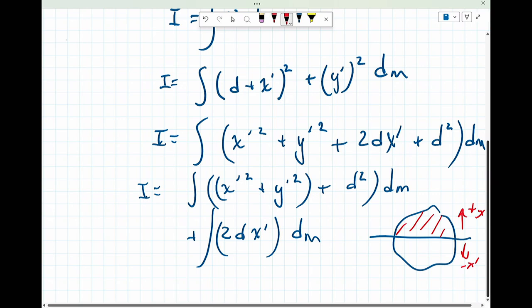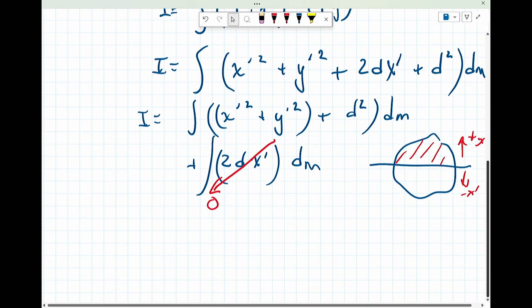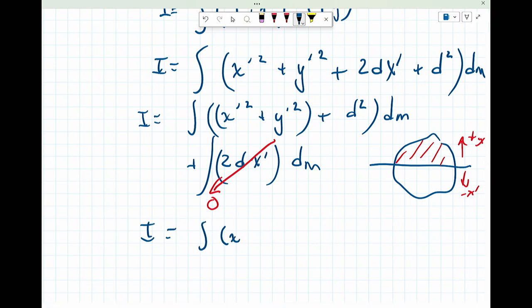So if I do the integral over the mass, this last term goes to 0. And so in this case, I is equal to the integral of x prime squared plus y prime squared plus d squared dm.